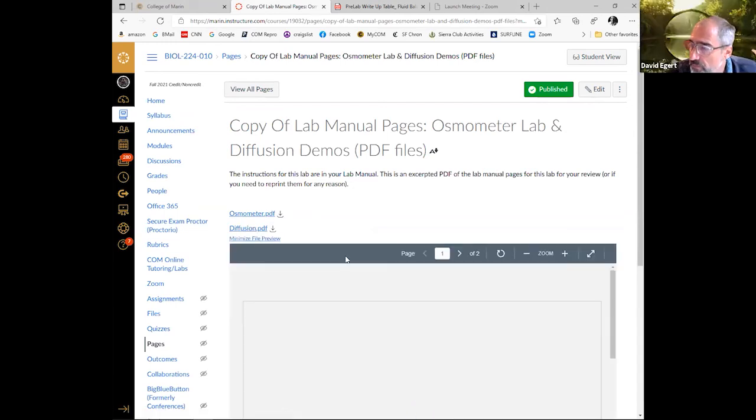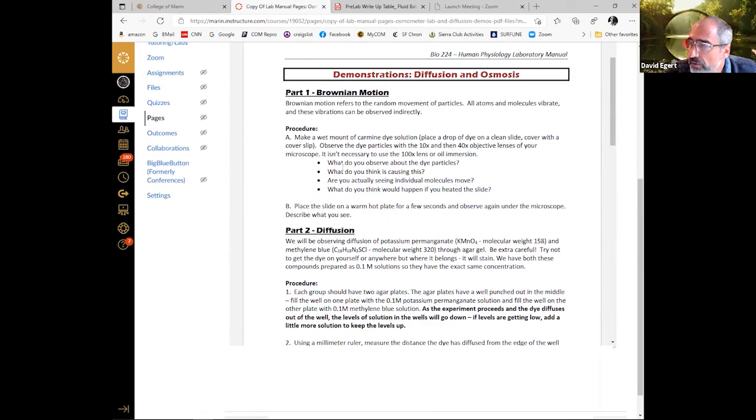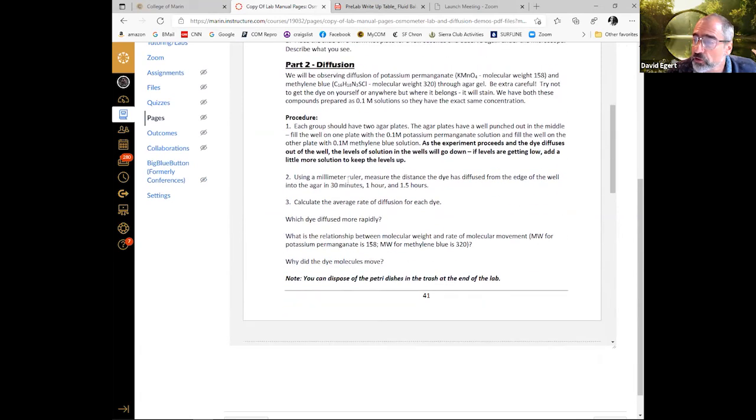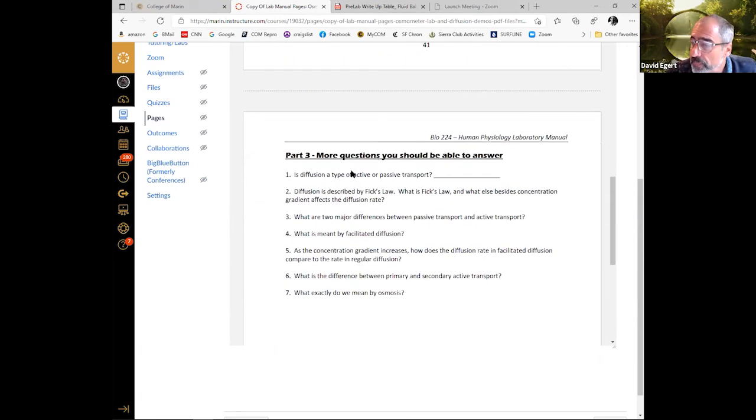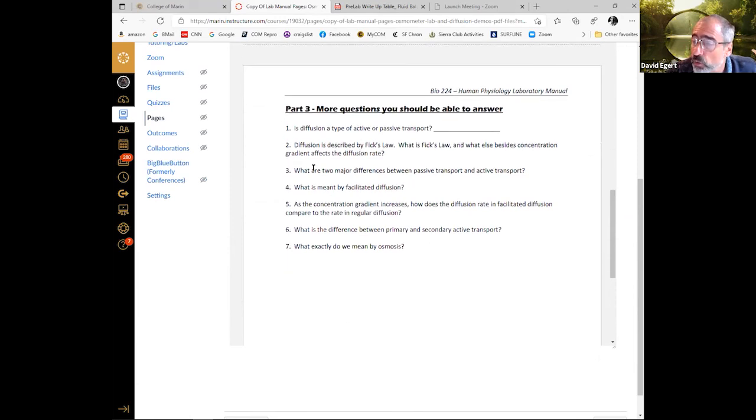Yeah, so for Brownian motion, you're not going to do any of this wet mount. Instead, you are just going to describe the video of the pollen grains. For diffusion, you are going to answer the questions here. These questions are worth answering because they make sure you understand the main points that we're trying to illustrate by doing these demonstrations.